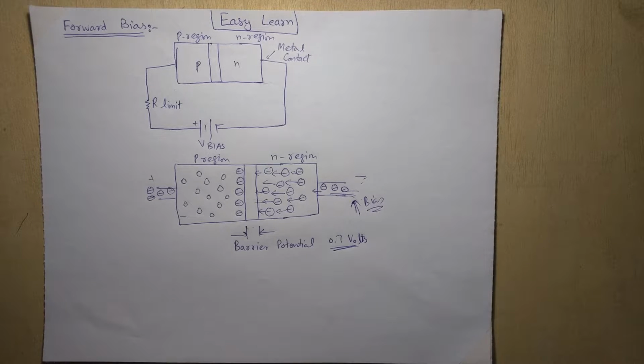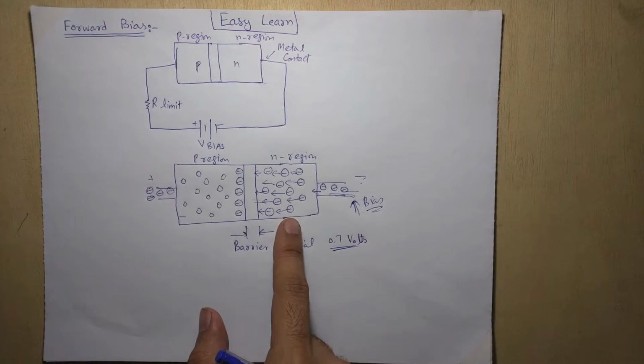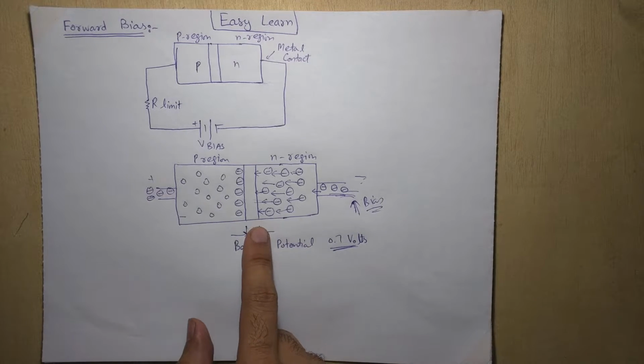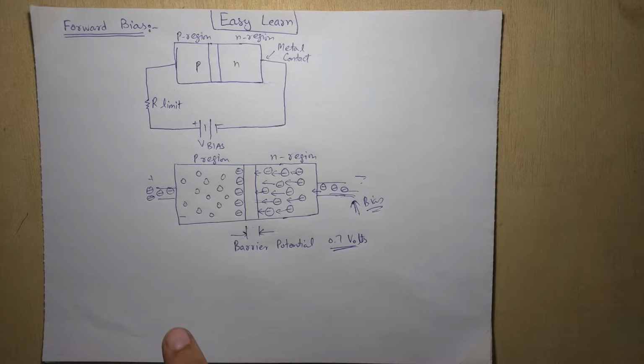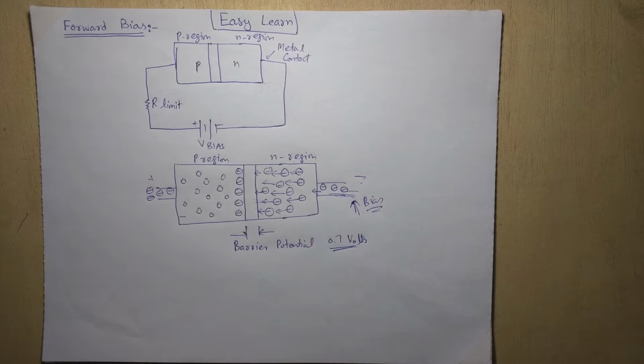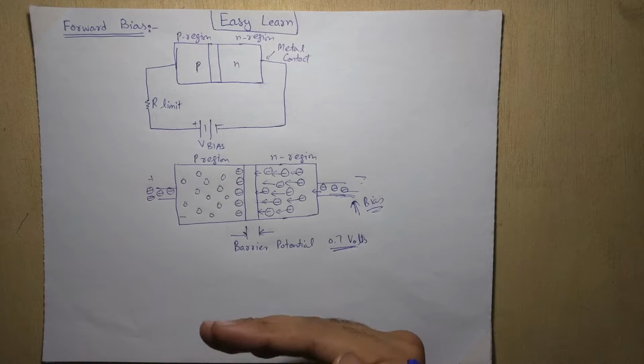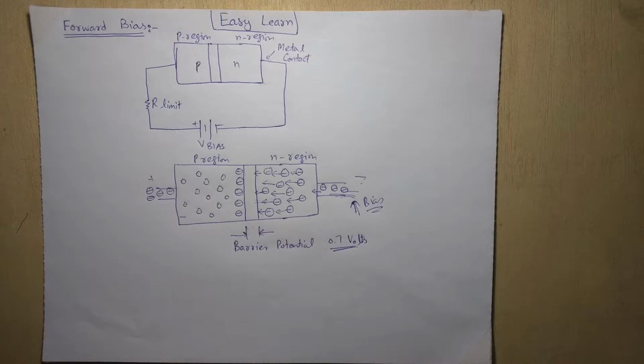Once they reach the P region, these free electrons, or conduction electrons in the conduction band, have lost enough energy passing through the barrier, and whenever an electron loses energy, it comes back from the conduction band to the valence band. In the conduction band they are free electrons, available for covalent bonding, other reactions, and to conduct.